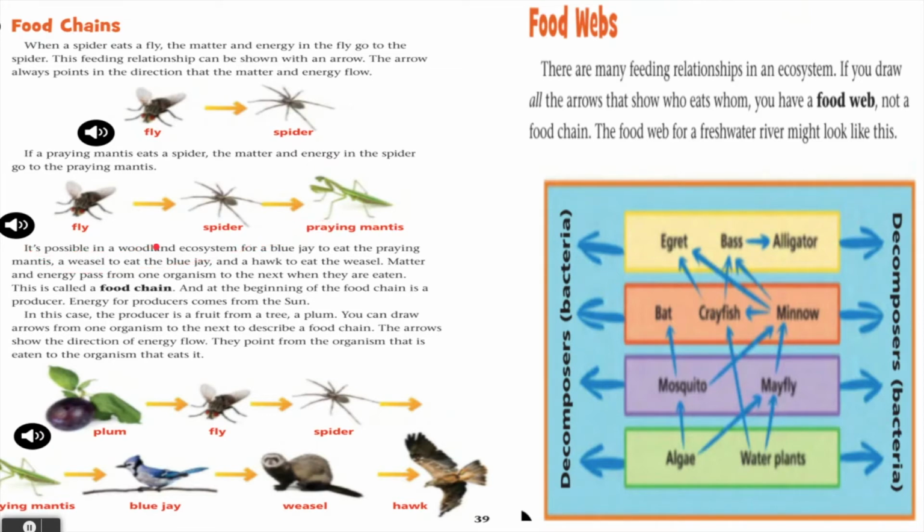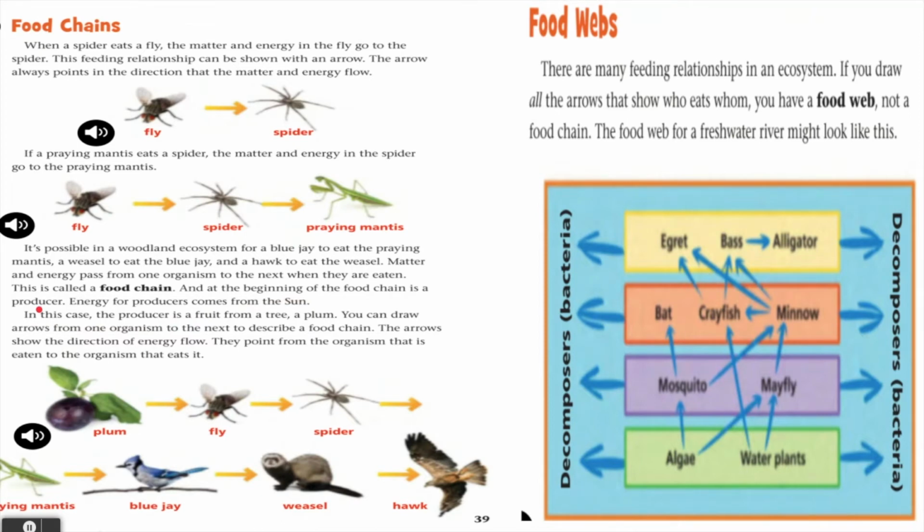It's possible in a woodland ecosystem for a blue jay to eat the praying mantis, a weasel to eat the blue jay, and a hawk to eat the weasel. Matter and energy pass from one organism to the next when they are eaten. This is called a food chain, and at the beginning of the food chain is a producer.